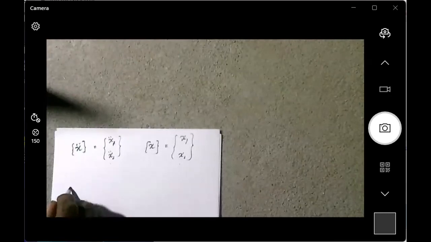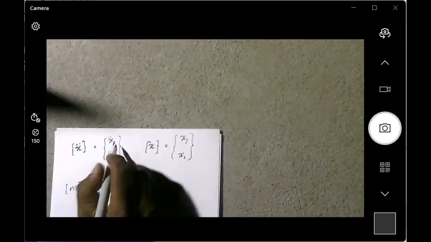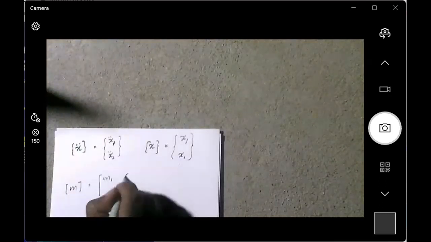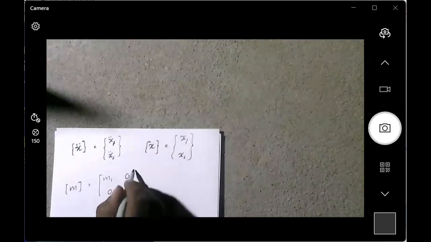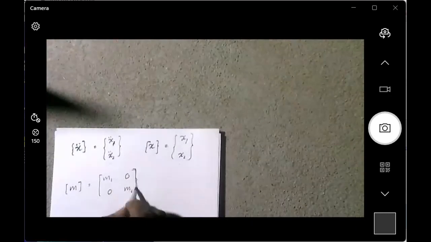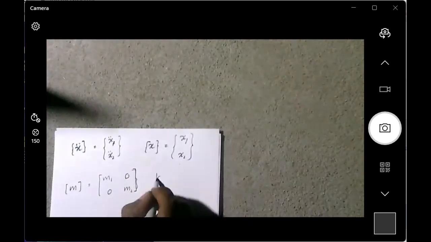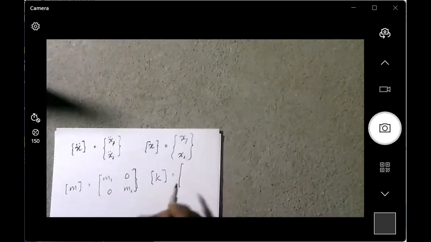So you get the inertia matrix M in this form. M1, 0, then 0, M2. And then the spring matrix, which will come in this way.